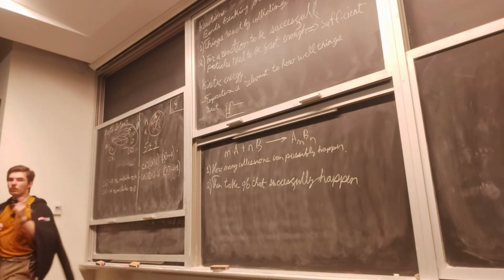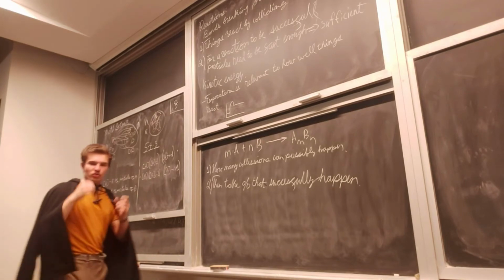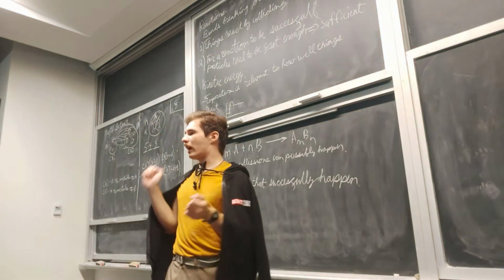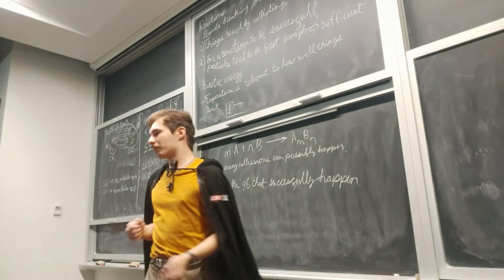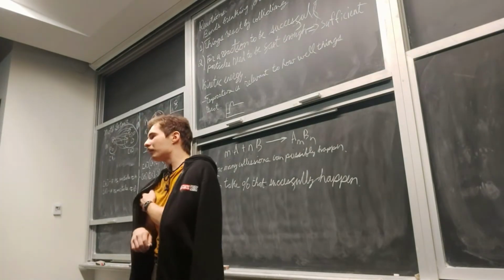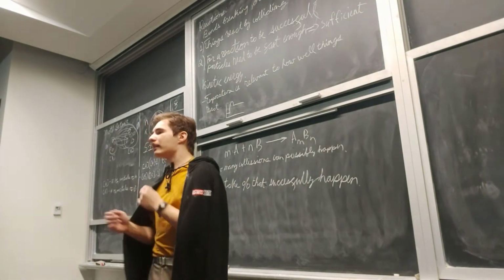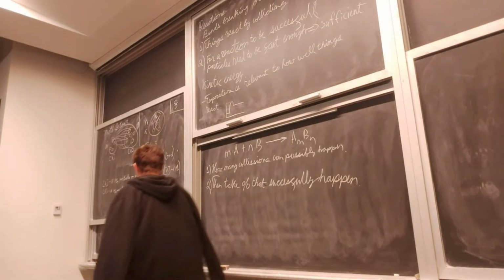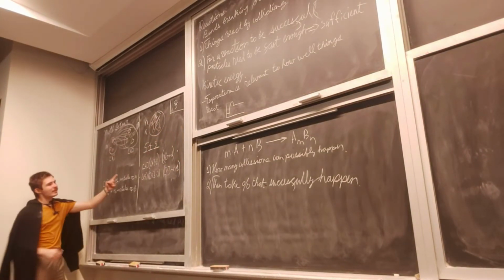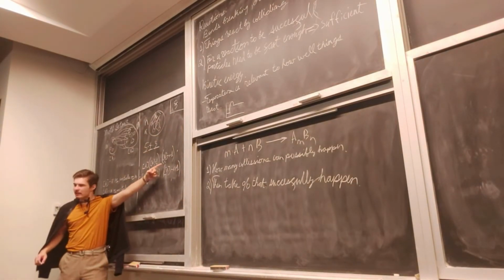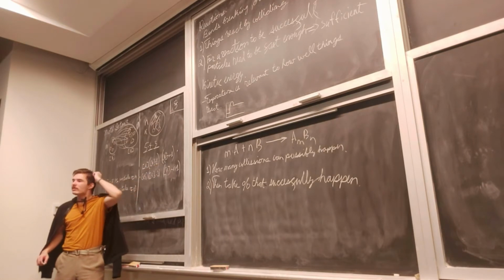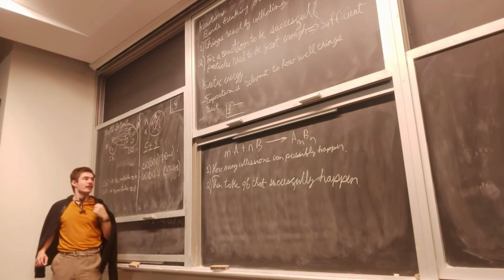Now, what's one thing we can notice? Generally, the number of particles that you have is an insanely huge number, right? Because a mole is 6 times 10 to the 23 particles. 10 to the 23 minus 1 is still 10 to the 23. That minus 1 isn't going to do anything, right?